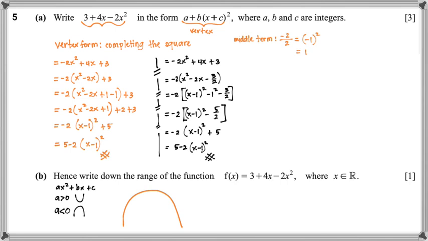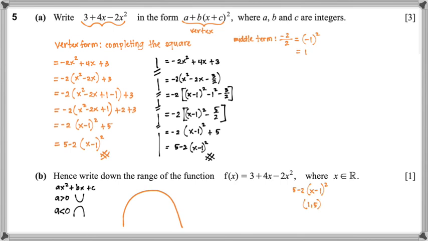Now we're finding the range. Since we already wrote the given equation in vertex form, which is 5 minus 2 times x minus 1 squared, the values of h and k, which are 1 and 5, give the maximum point.